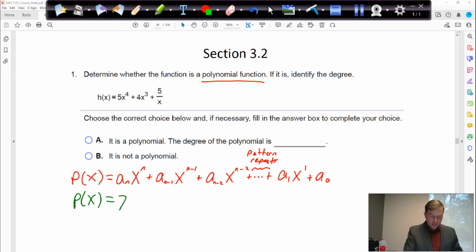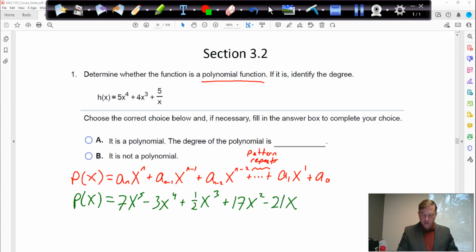So let's say 7x to the 5th minus 3x to the 4th plus 1/2 x to the 3rd plus 17x squared minus 21x, and then we'll say plus 6.5. Okay, so all this pattern says is that a_n would be 7, so these just match up, and a_(n-1) just means the next x term just has a different number in front of it.